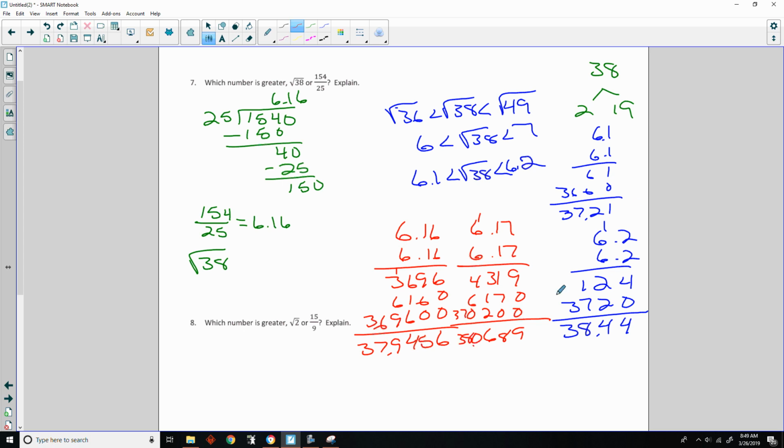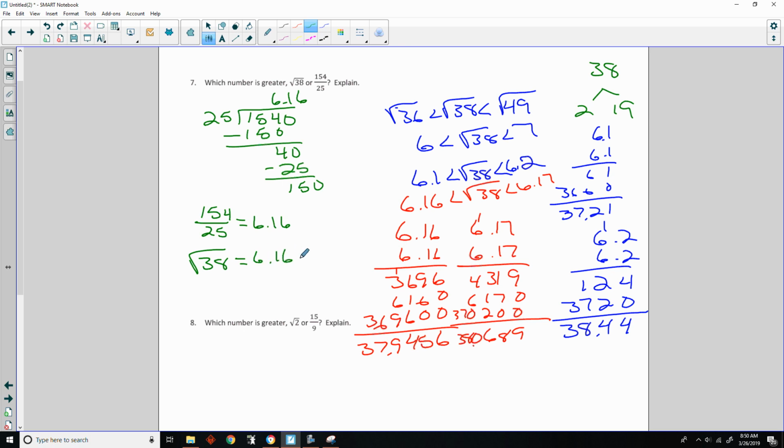Okay, so we broke it down: 6.16 is less than the square root of 38, which is less than 6.17, because 37.94 is less than 38 and 38.06 is more than 38. So I know that the square root of 38 equals 6.16 something.